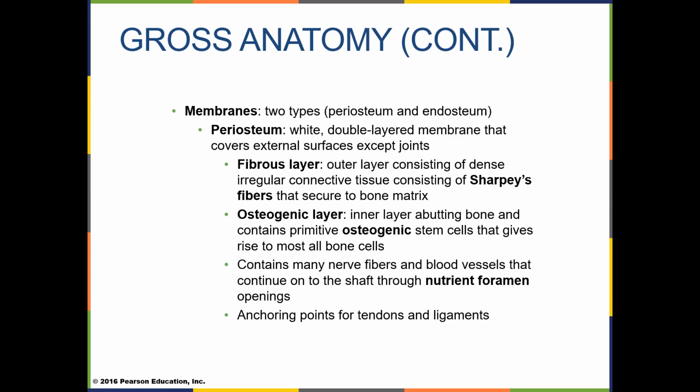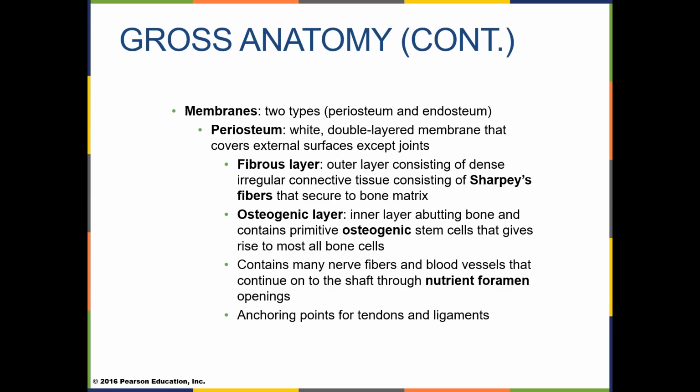On the surface of the bone, we have the osteogenic layer on the true surface of the bone. On the outer layer, we have the fibrous layer. The fibrous layer in the periosteum is on the outside. The osteogenic layer is underneath.